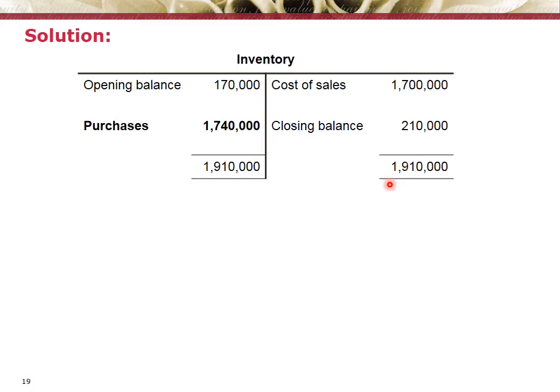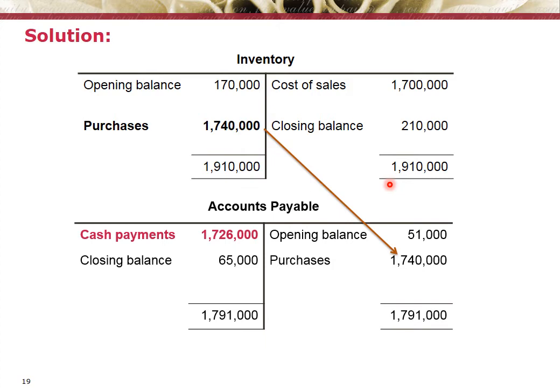So we take that information and we now create the accounts payable T account. The normal balance for accounts payable is a credit, so we'll put the opening balance here, which is 51,000. Next, closing balance on the left hand side of 65,000. Third, let's put in the purchases from what we calculated up in inventory. Or you could do this first if you like. You don't have to have opening balance as the very first thing here.